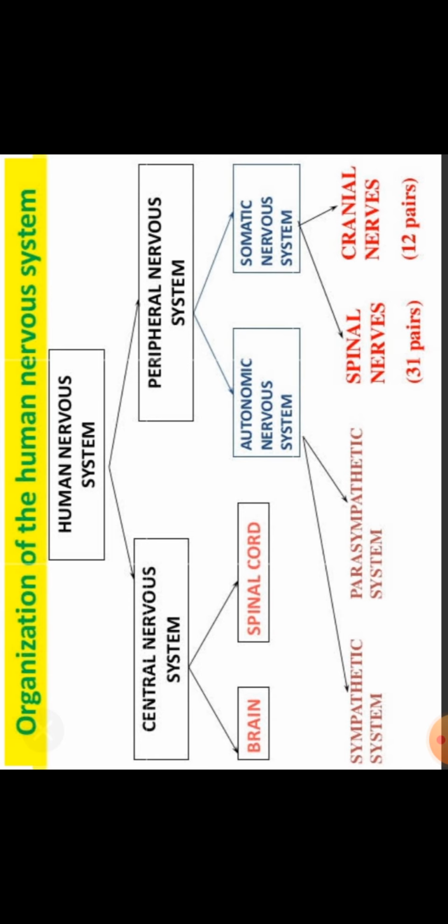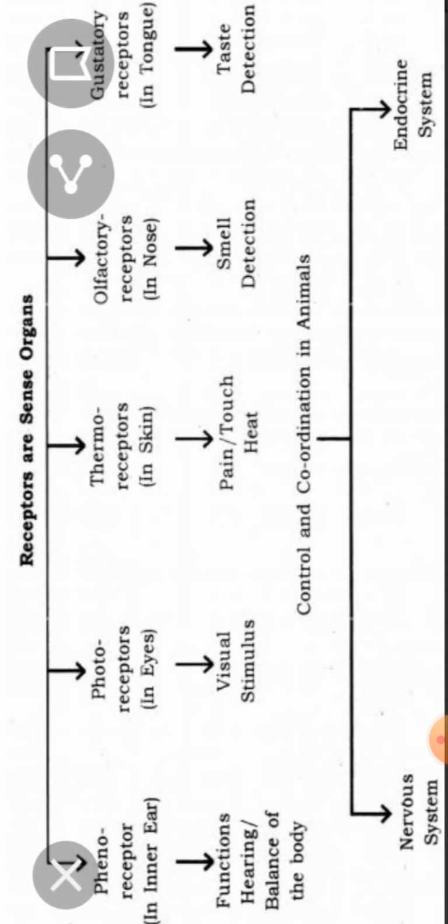So this is about the division of the nervous system, and we are taking up all the systems one by one. Now when you study reflex action, you will be studying the receptor organs: phonoreceptors, photoreceptors, thermoreceptors, olfactory receptors and gustatory receptors.